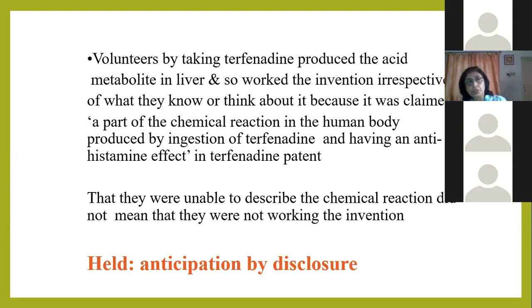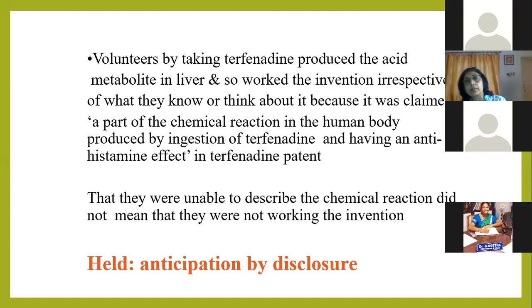Just because the chemical reaction or the specific chemical compound is not mentioned doesn't mean that there is no disclosure. There is disclosure by anticipation, and it was enabled also because the volunteers actually took it and it worked.